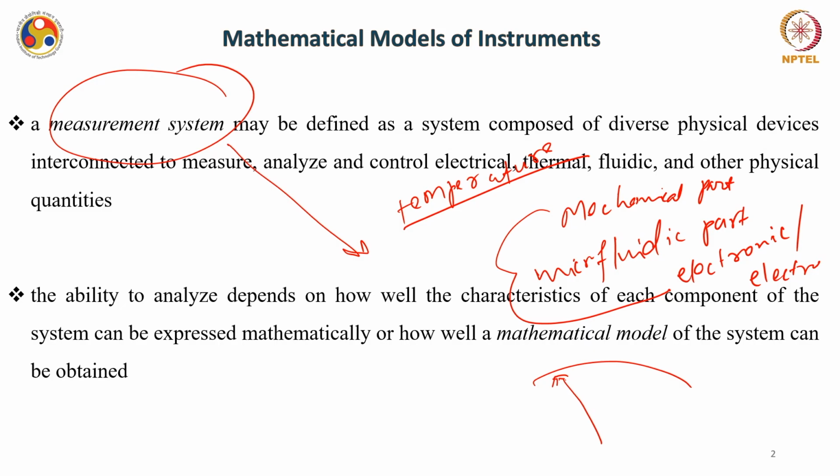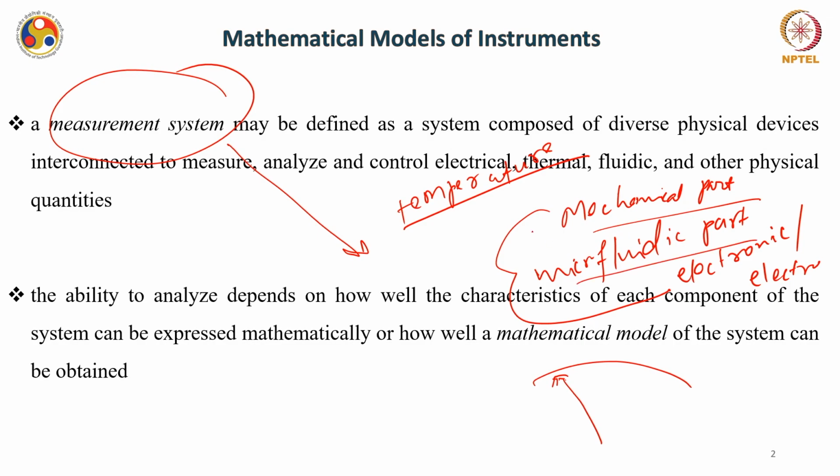Now if you want to fetch the correct temperature value, you should be able to mathematically model all these systems, which are independent of each other. For example, say the mechanical part has a micro mass attached to something.